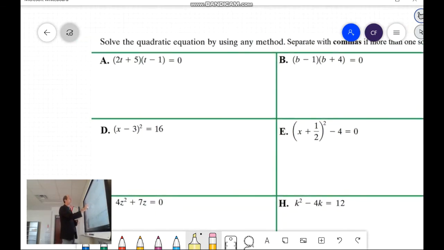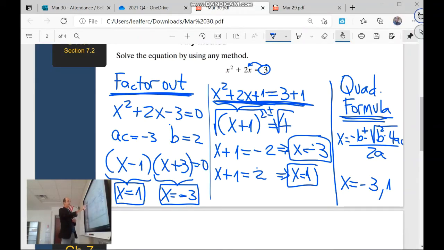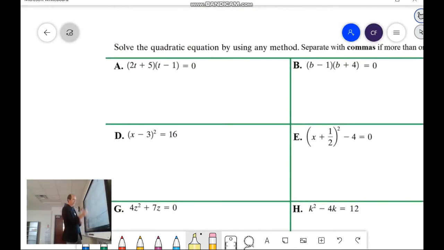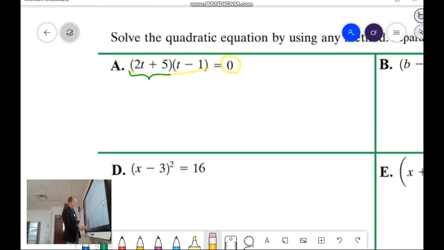The first one, you don't need to factor out, it's already factored. You can apply the first method that we have, the zero product rule. If you have this whole thing equal to 0, that means one of the terms is going to be equal to 0.